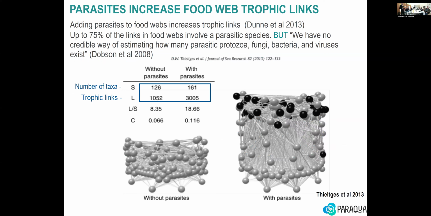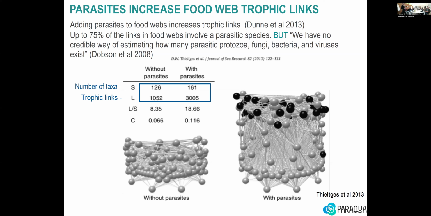Yesterday Kevin explained this quite well. My topic was intended to come before his, so I just wanted to briefly mention that parasites are important from this point of view as consumers, and they are consumed, but they are also important in the structure of the food web.